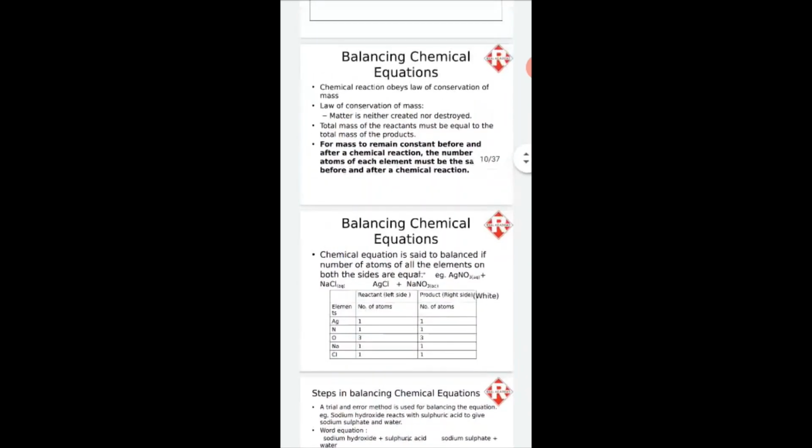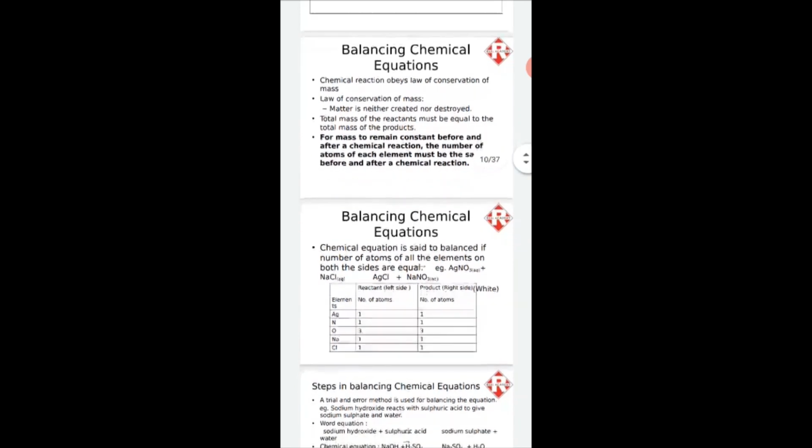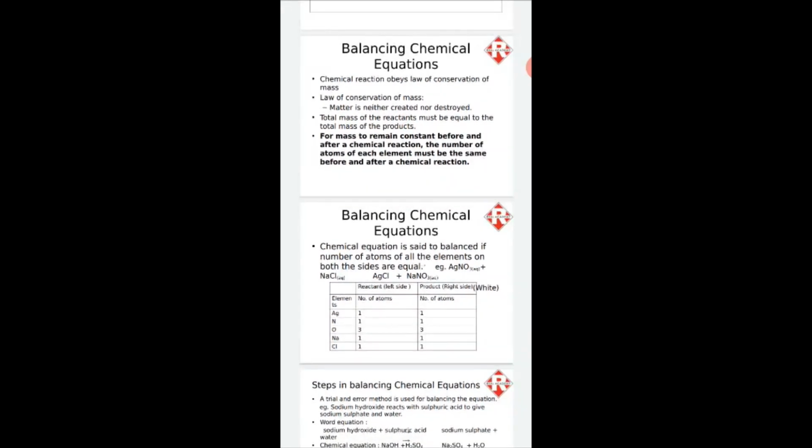First, chemical reactions obey the law of conservation of mass. Matter is neither created nor destroyed. The total mass of the reactant must be equal to the total mass of the product, meaning mass of the reactant and mass of the product are always equal.